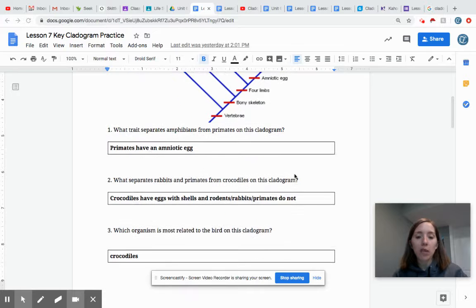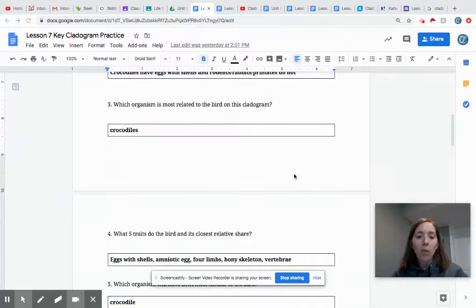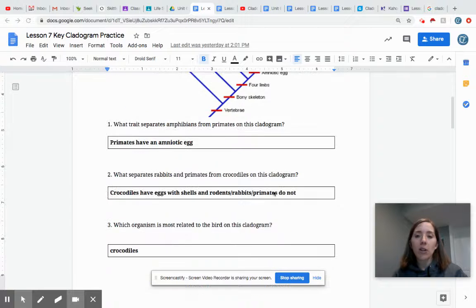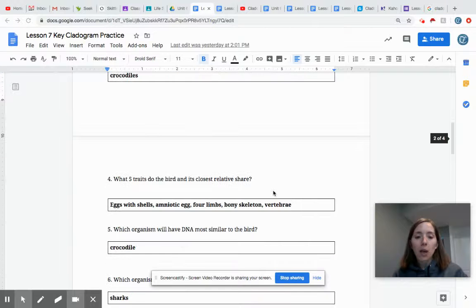What 5 traits do the bird and its closest relatives share? Since they're close together, they share these traits: eggs with shells, amniotic egg, 4 limbs, bony skeleton, and they have a vertebrae, a backbone. Which organism will have DNA most similar to the bird?